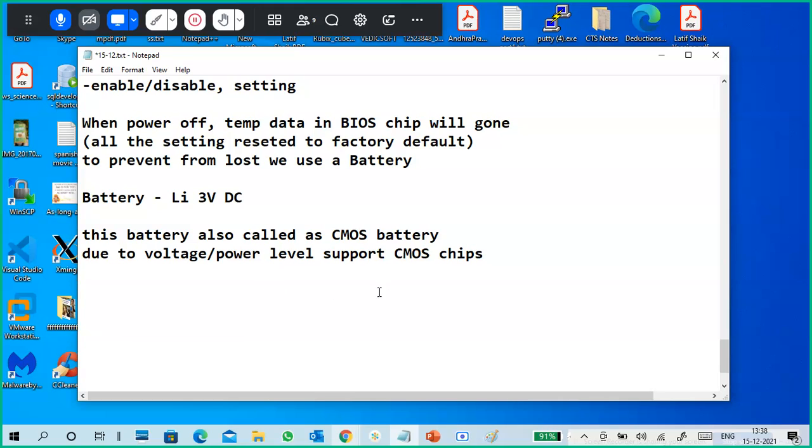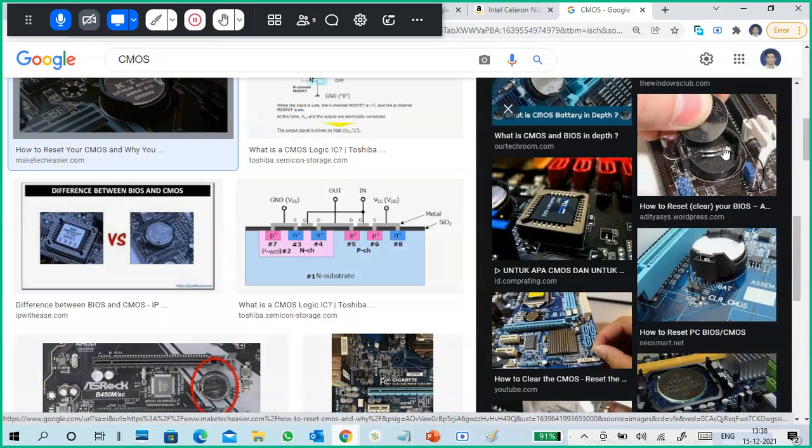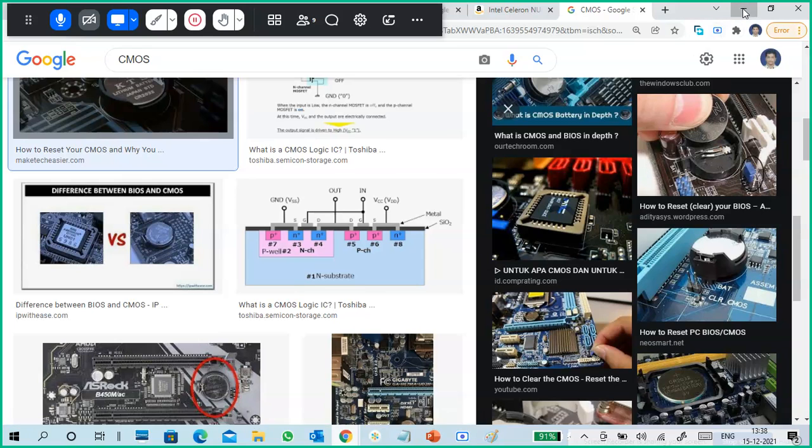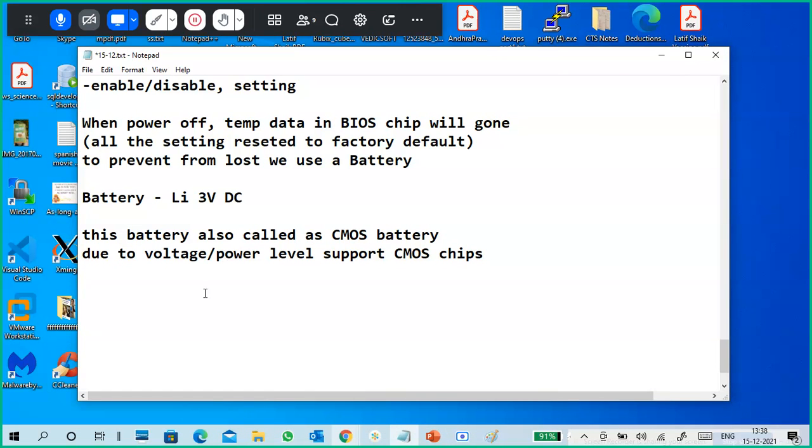And a lot of people ask, if you remove the battery, what will happen? Yes, of course, the data will be lost.